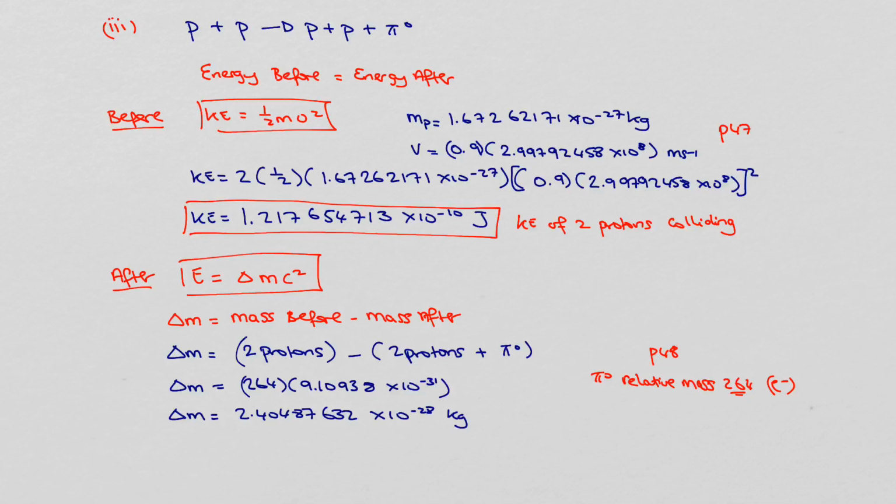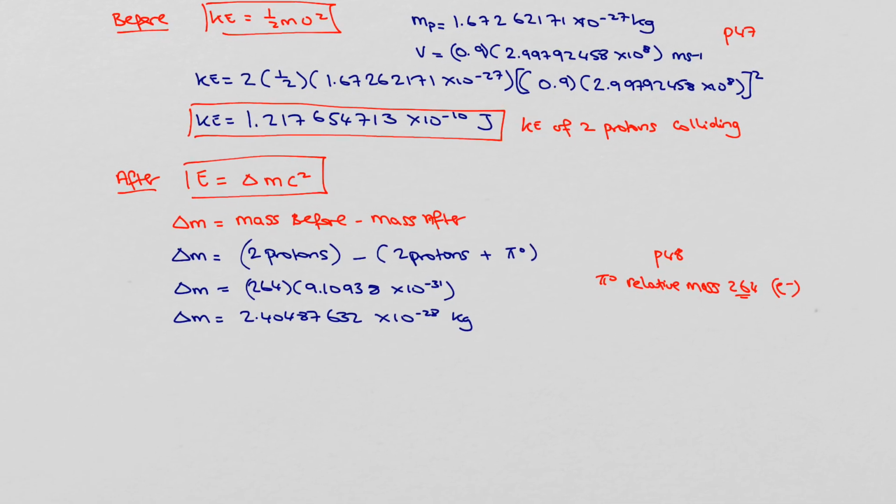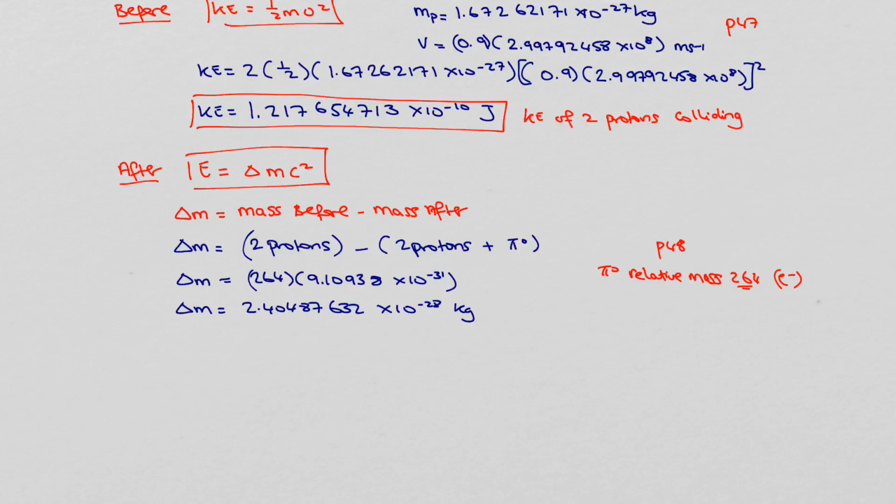Okay, so therefore if I look at the energy, well, the energy is going to be the change in mass times the speed of light squared, and of course that's 2.99792458 by 10 to the power of 8.